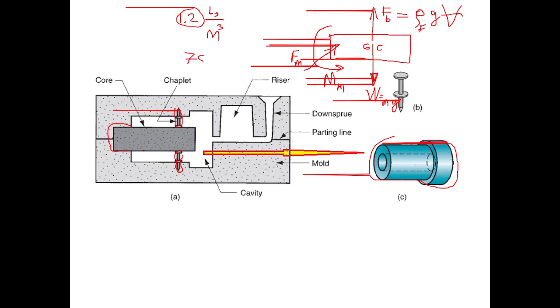Density is in the order of 7,800 kilogram per cubic meter, the density of steel, density of cast iron. So it's a big number. When we substitute it into this expression, we find the buoyancy force is not a negligible force in its effect, in its magnitude. So we must consider the effect of buoyancy force.